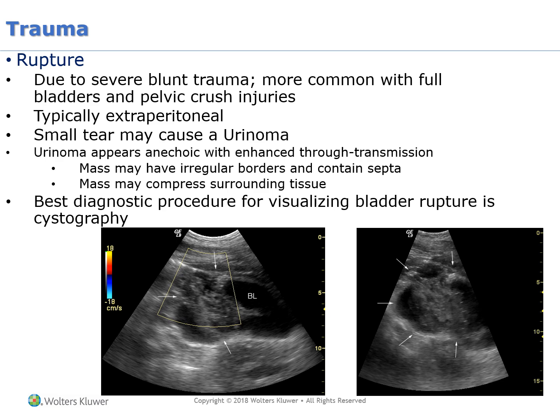Now, in the case of trauma, our biggest worry about the bladder is that it ruptures. So with severe blunt force trauma, such as pelvic crush injuries, oftentimes from being smashed by something or a car accident, this can be a concern. We know that the bladder is extraperitoneal.